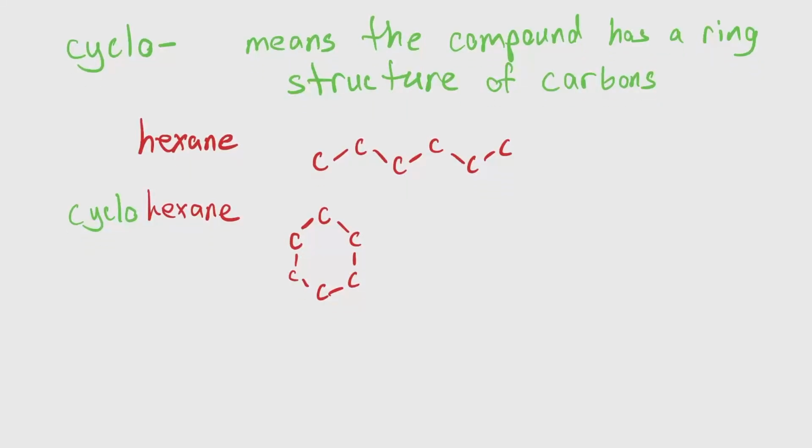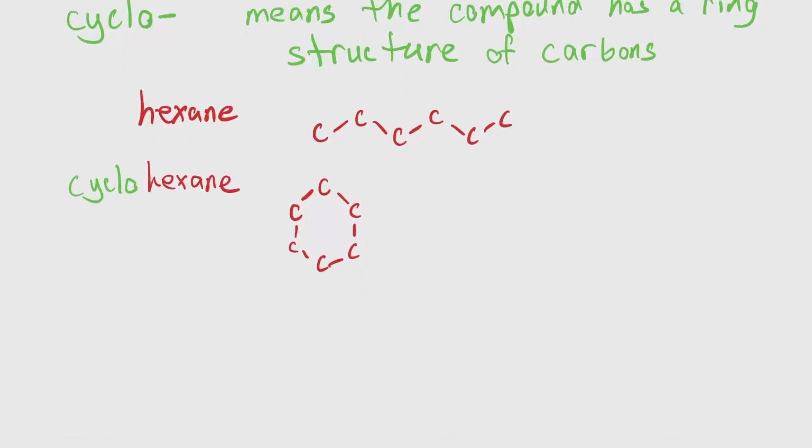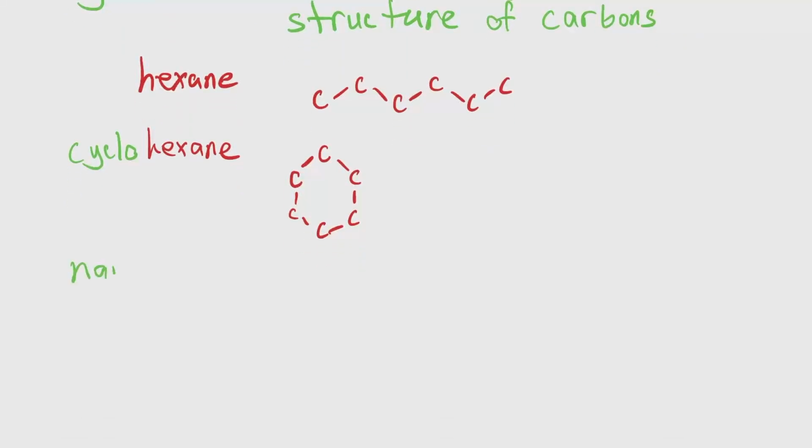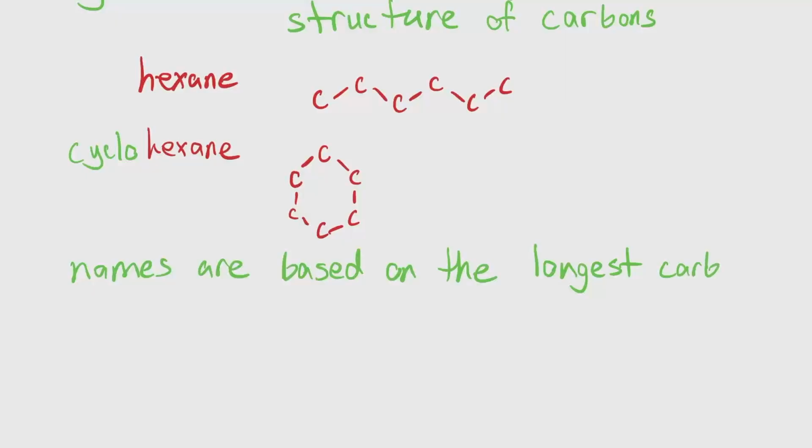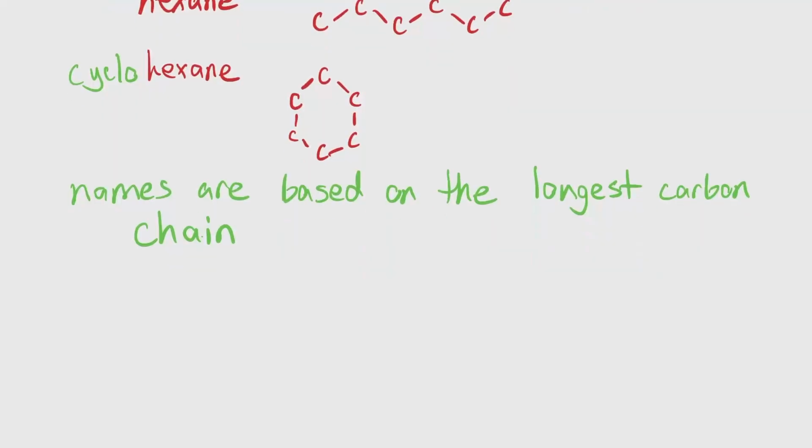Other stuff that we should know for naming organic compounds. For alkanes, I don't want to get into functional groups at the moment. Names are based on the longest chain of carbons, or the longest carbon chain. So it's possible that we've got carbon bonded to carbon bonded to carbon, but we draw it out like this.